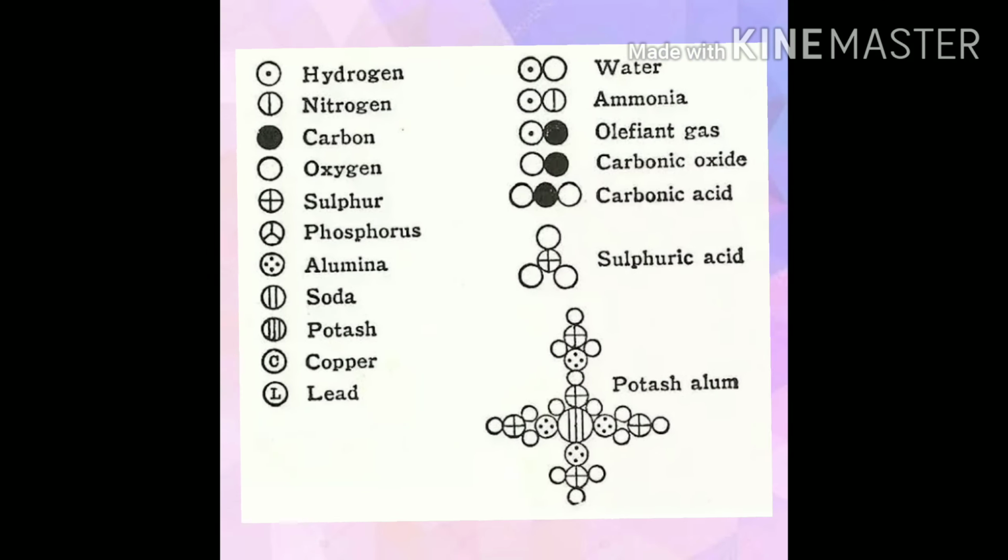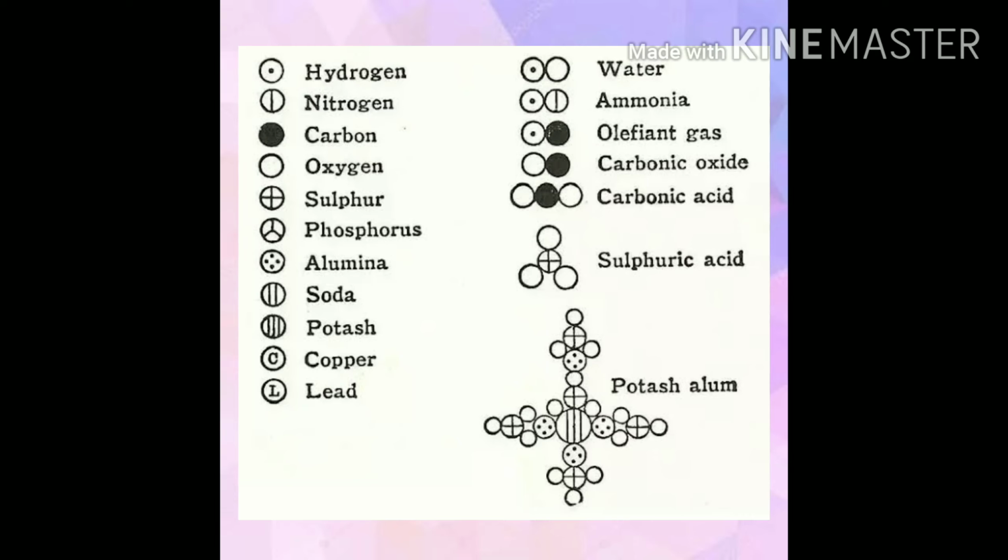See here, for example, oxygen. For oxygen he gave a circle, and he suggested that it is the symbol of oxygen. And for hydrogen he put a circle and in the center of the circle he put a dot. That signifies it's the symbol of hydrogen.